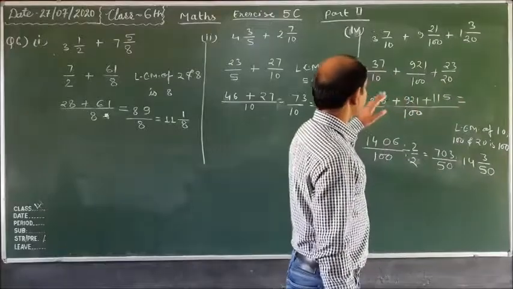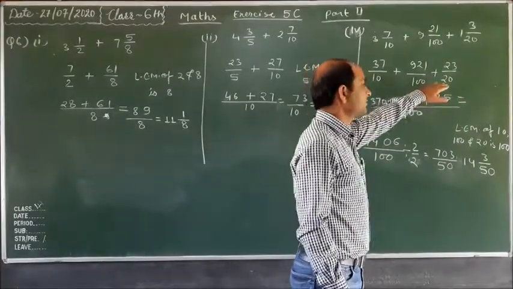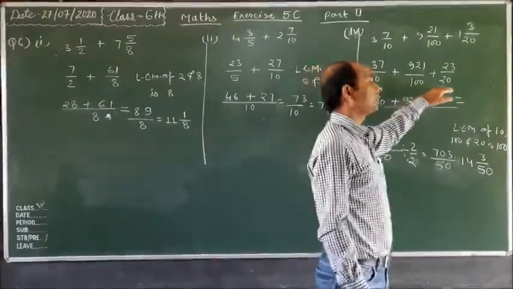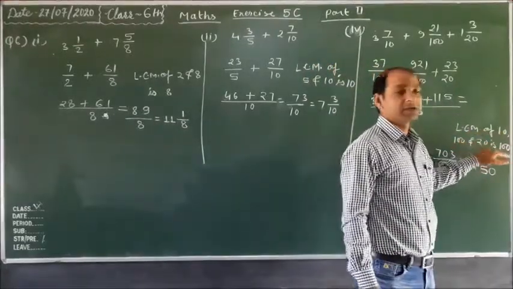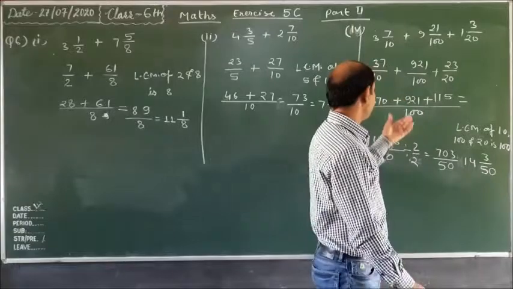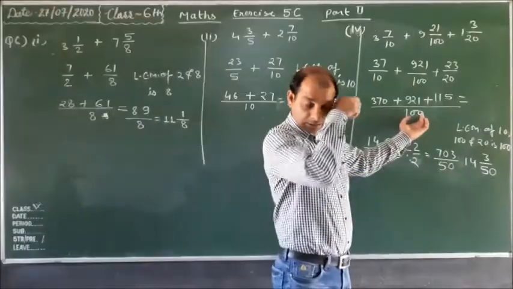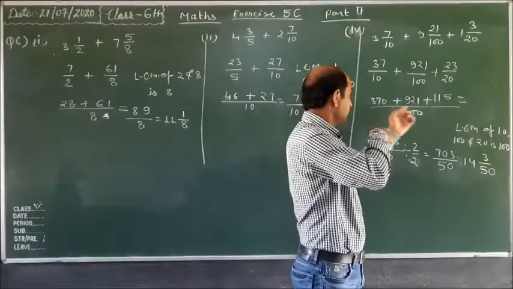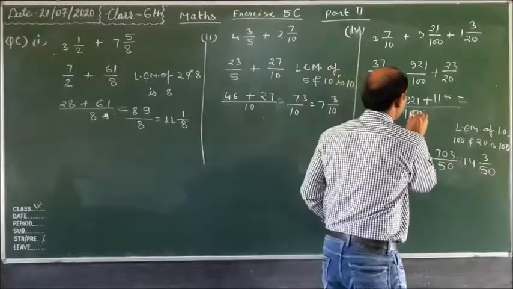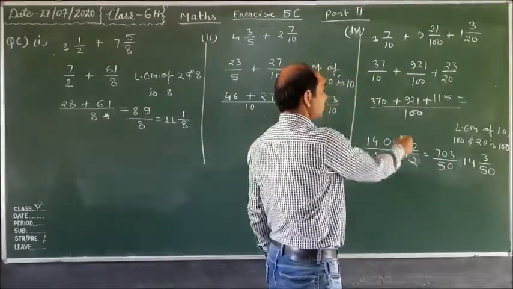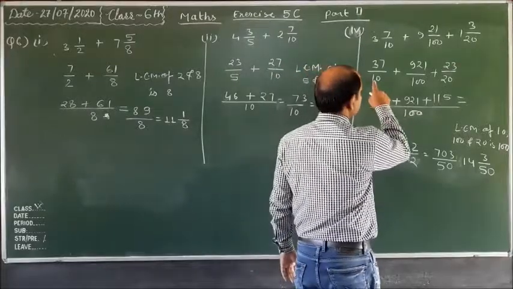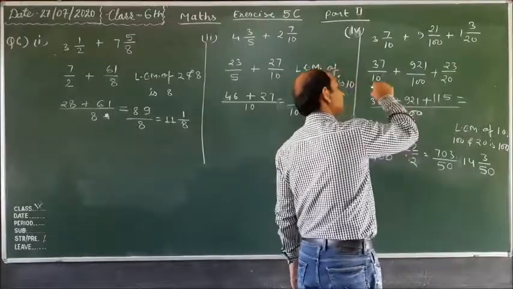Now we take the LCM of all these denominators 10, 100 and 20. So the LCM of 10, 100 and 20 is 100. So we write the denominator, we draw the line and we write the LCM of these three numbers. So LCM is 100. Then LCM divided by the denominator.